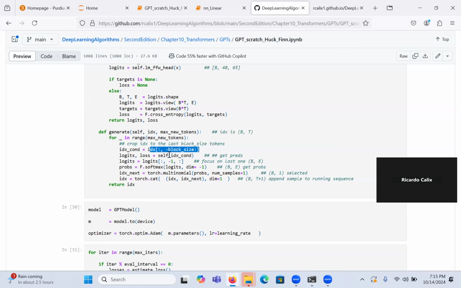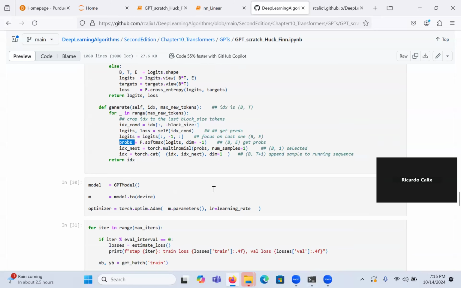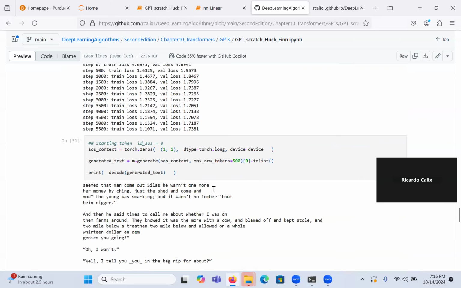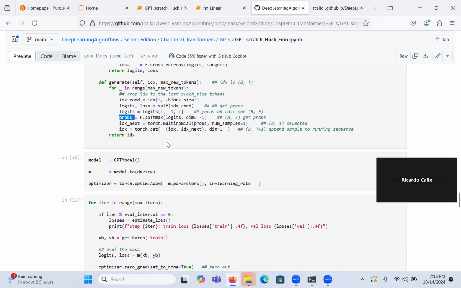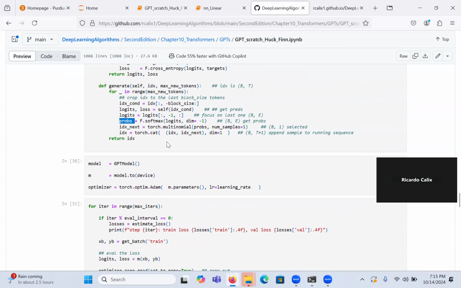Yeah, because we could print out what these are, like the shapes. I don't have this printed out, so let me see. Generate just gives the text. So this is definitely out of 40, the last one.